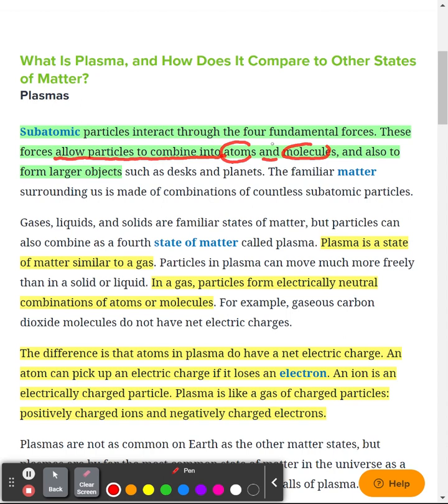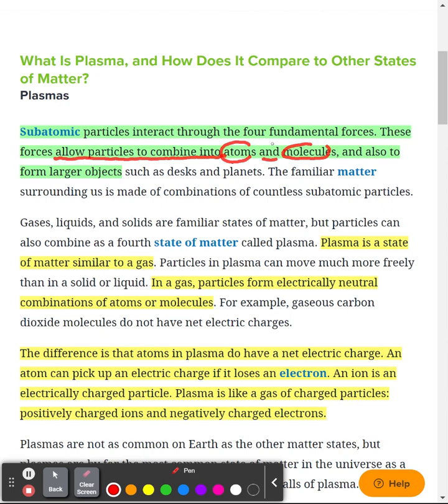Well, how is it different than a gas if it's similar? You know that particles in a gas move very quickly, faster than in a liquid. They have enough energy that they resist being connected to other atoms or other molecules. In a gas, particles form electrically neutral combinations of atoms or molecules.